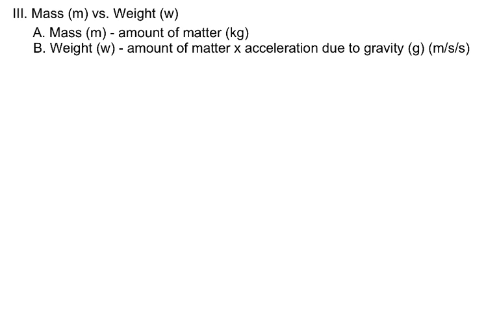Weight, on the other hand, is the amount of matter in kilograms multiplied by the acceleration due to gravity in meters per second squared. So the weight of an object is equal to mg.